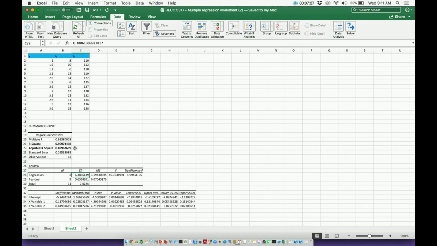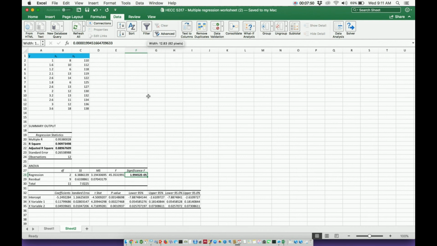Now, the significance of this relationship is determined by this p-value. It does not say p-value. When you run this multiple regression in Excel, it will actually say significance F. This is your p-value though, so let me make a note of that. That is your p-value. So you can see it's 1.994. This e is times 10 to the negative fifth. So about 2 times 10 to the negative fifth, that is well below 0.05.